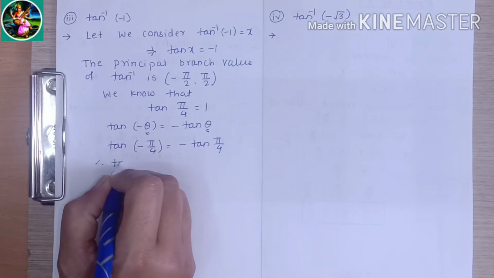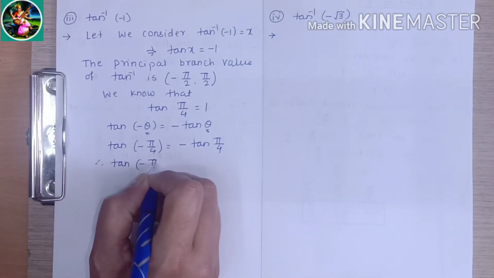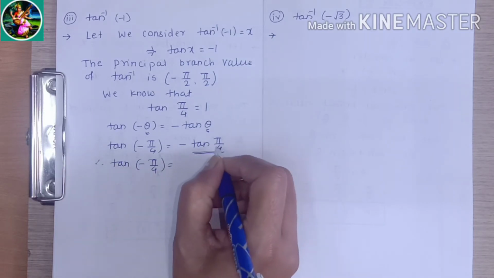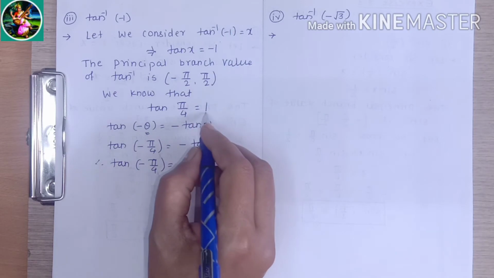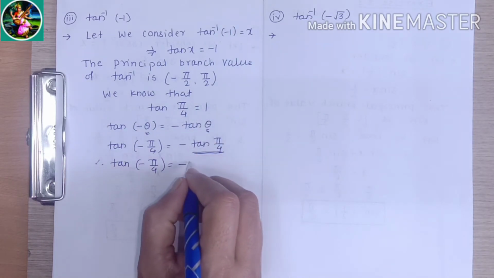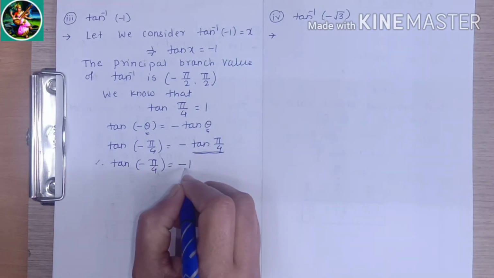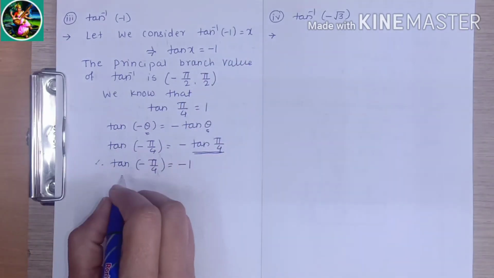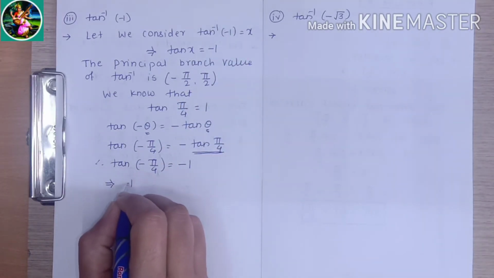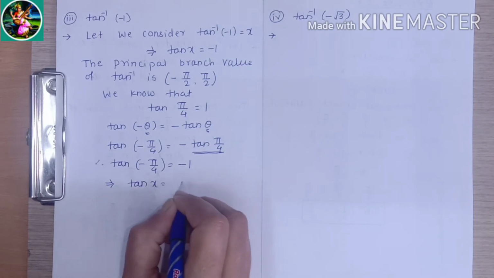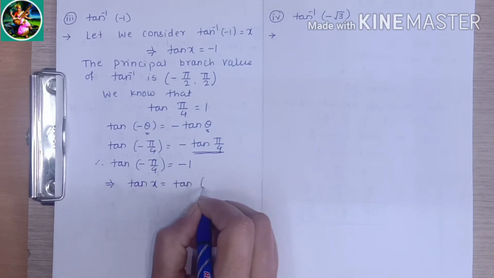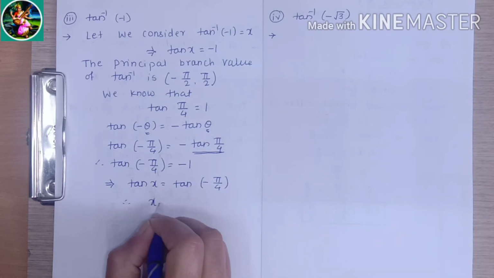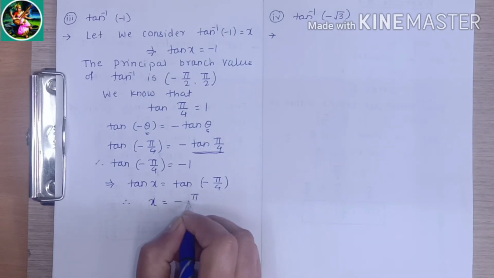We know that tan of pi by 4 is equal to 1. Therefore, on the right hand side we have -1, and tan x is equal to -1 implies that tan x is equal to tan of minus pi by 4. Therefore, here we write x is equal to minus pi by 4.